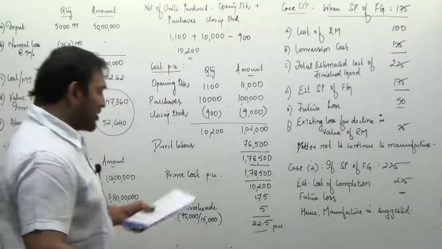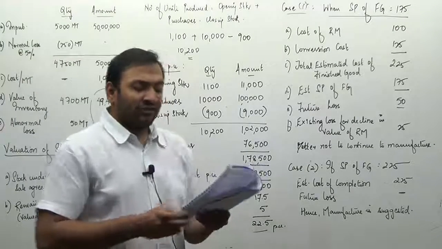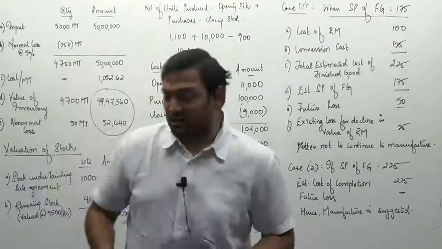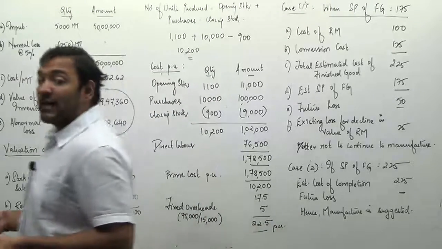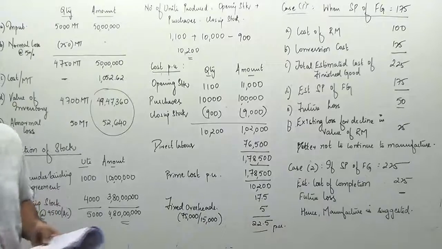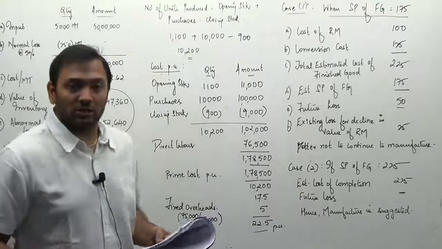Normally, what is the valuation in this case? He is saying that the finished good in which the raw material is supposed to be used will be sold below cost. That means compulsory there is an amount of future loss.